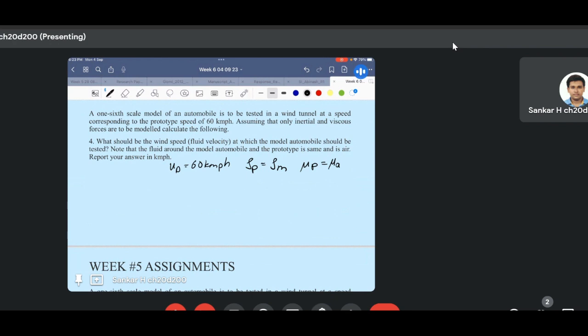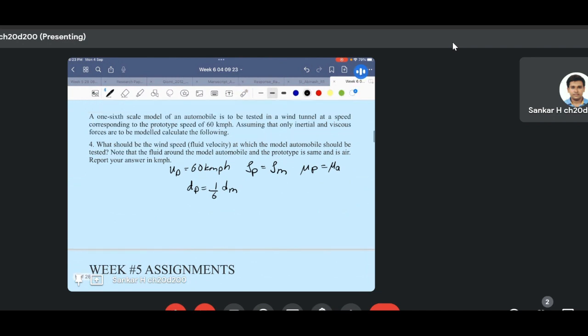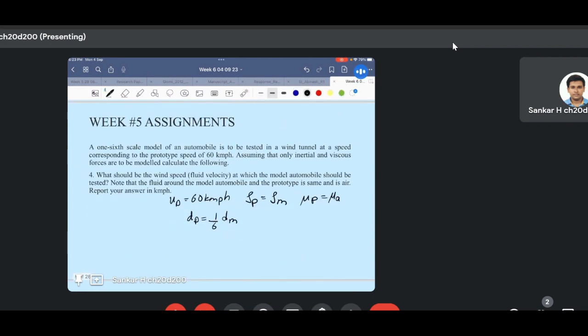Therefore, when we equate, what should we equate here? Since we are equating the dimensionless numbers, we have to compare the Reynolds number in both cases.